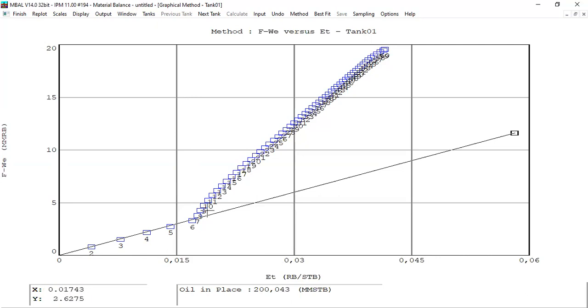And here is the period where tank 2 already supports tank 1. So the graphical method is not very good to analyze connectivity or transmissibility between two reservoirs.